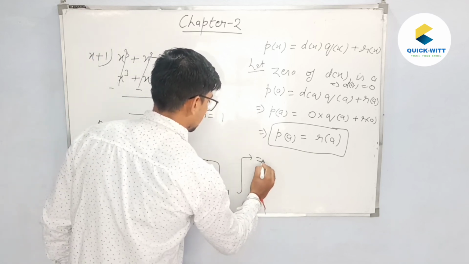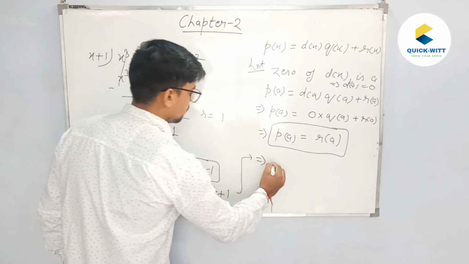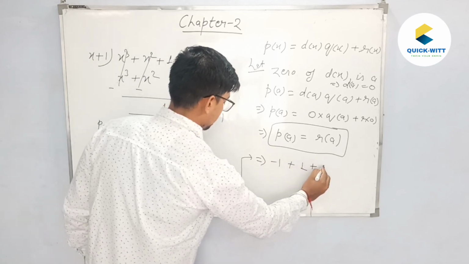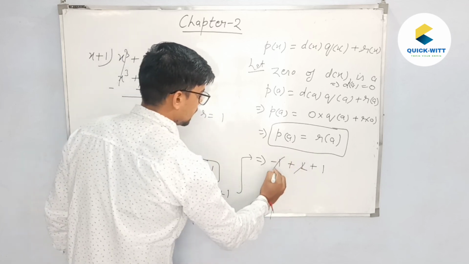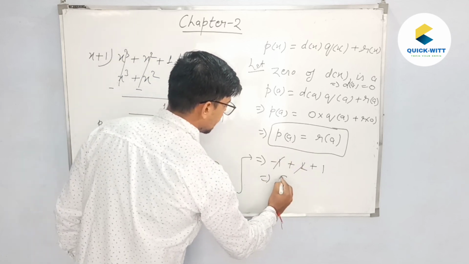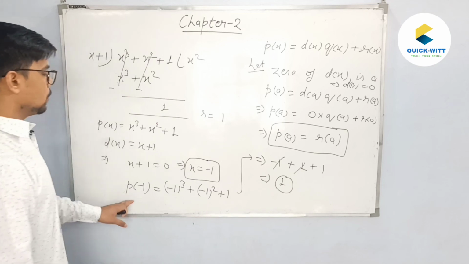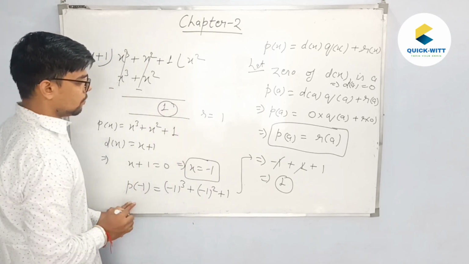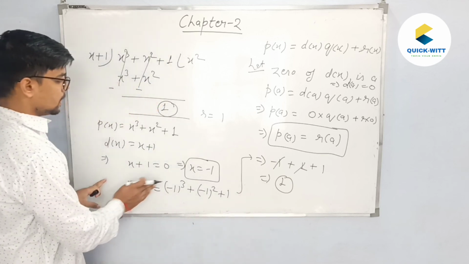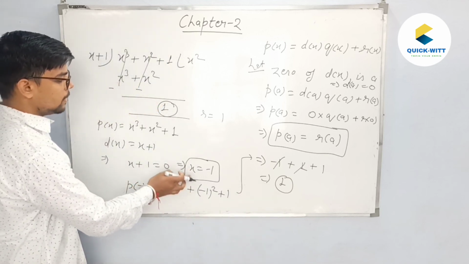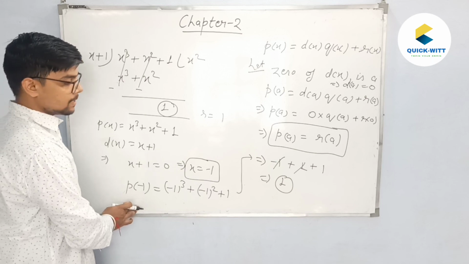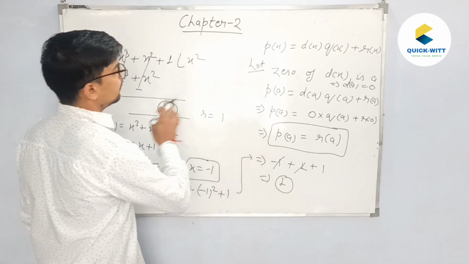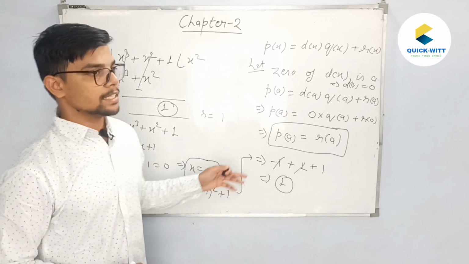Then you can see minus 1 and plus 1 and plus 1. Here it will be cancelled and I will get remainder 1. So our remainder, you can see here, is also 1, and when I put the zero of d(x) and find its value in p(x), it will also give us 1. So this is our remainder theorem, which indicates this.